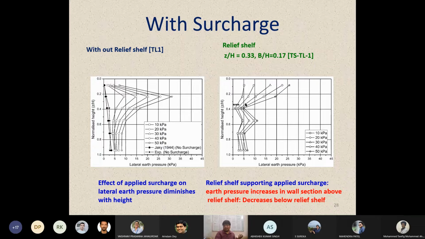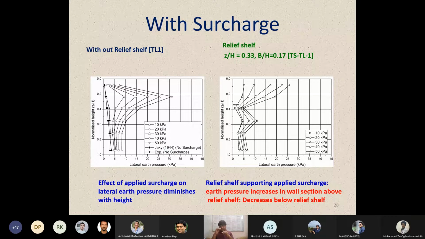However, with the introduction of the relief shelf, what is really interesting to note is that instead of decreasing or remaining unaffected in the upper position, the lateral earth pressure keeps increasing on the upper part of the wall. This is happening because a stiff member, stainless steel, has been introduced there, and once the surcharge is applied, this stiff member takes care of the load and does not let it pass what is applied from the top.